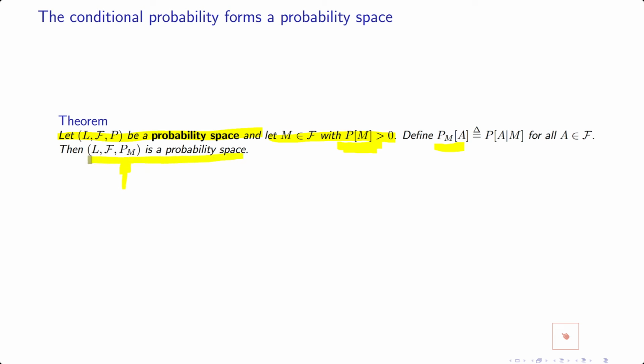It will satisfy all the conditions that we had in our definition. So this is called a conditional probability space.